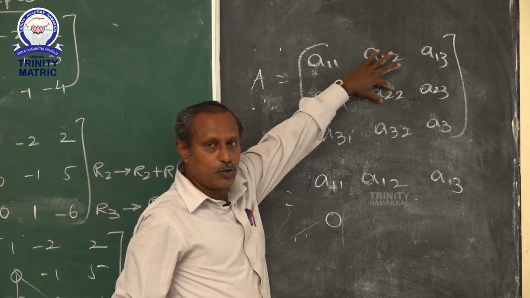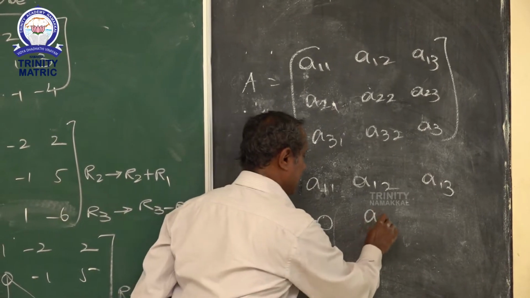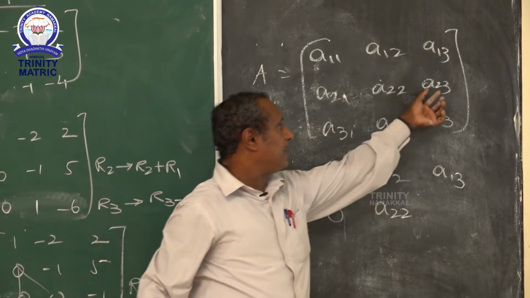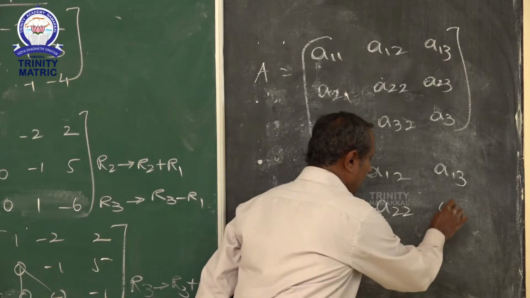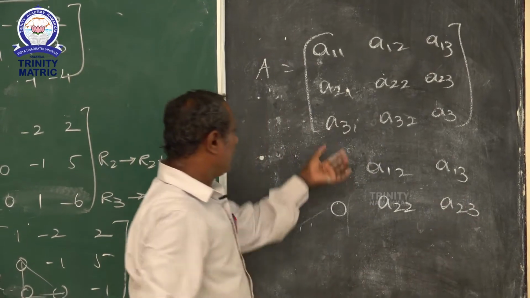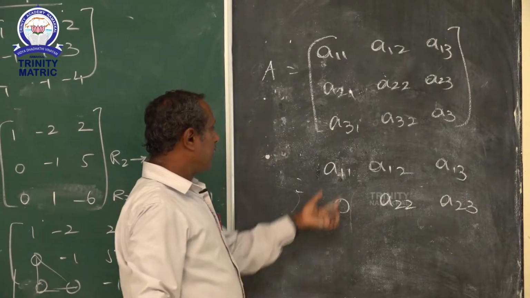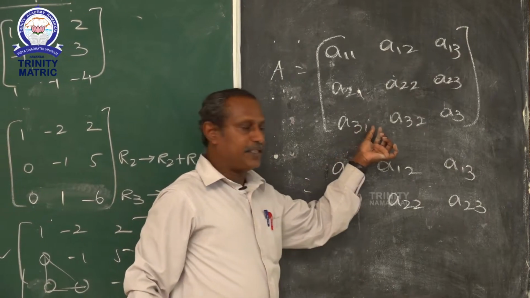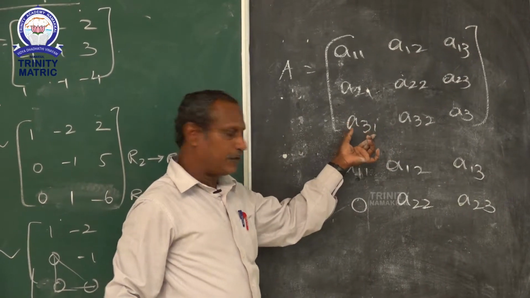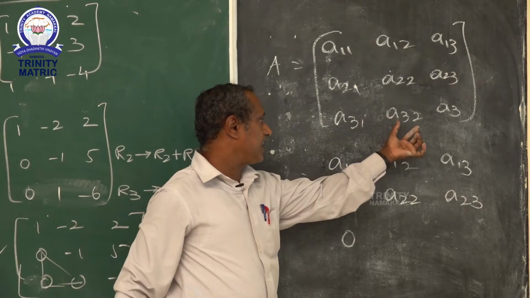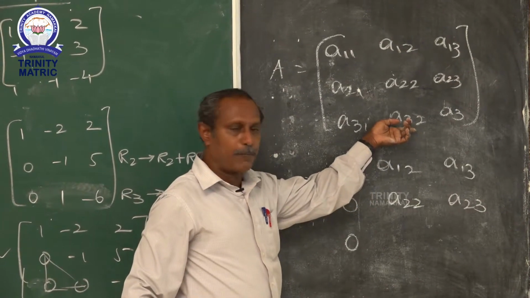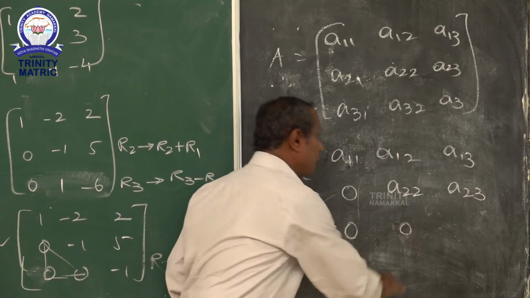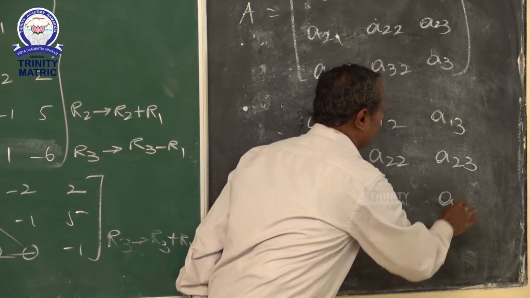A22: both are equal, so we write it as it is. A23: i is less than j, so it is written as it is. A31: i is 3, j is 1, 3 is greater than 1, so this becomes 0. The same rule applies to A32, which also becomes 0. Then A33.